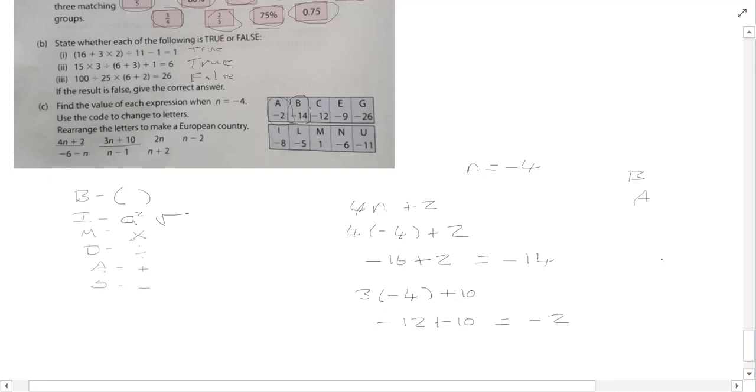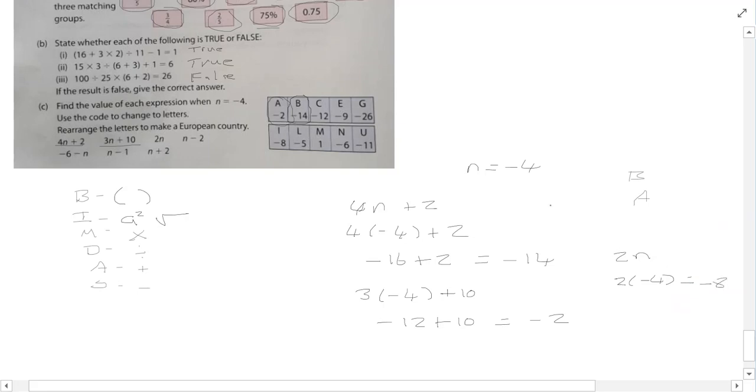Let's work out the next one. You have just 2n. So if n is -4, that's going to be 2 multiplied by -4. Remember, unlike signs give minus, so this is plus 2 multiplied by -4, so the answer is going to be minus 8.